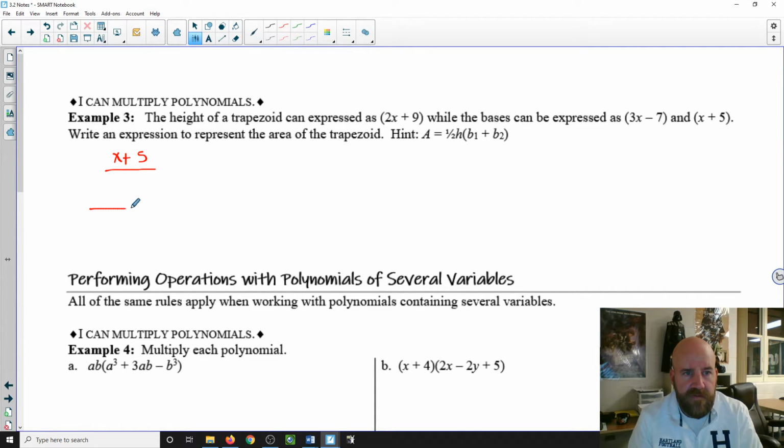We have 3x minus 7 as a base. And we have the height, which is right here. Vertical height there would be 2x plus 9.